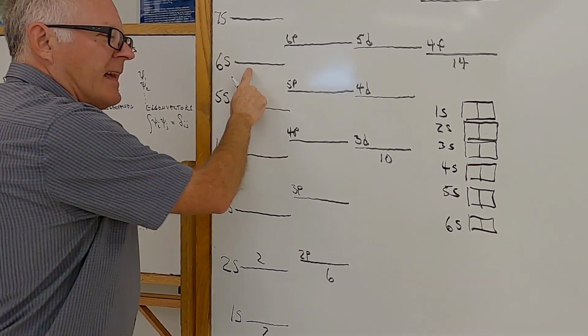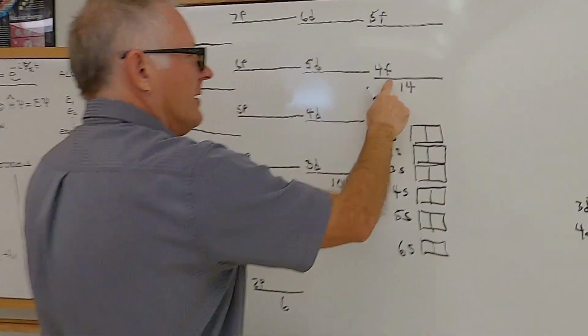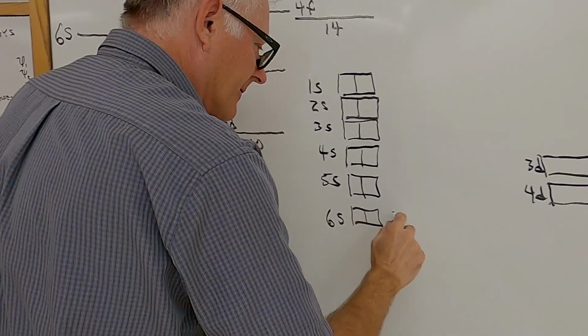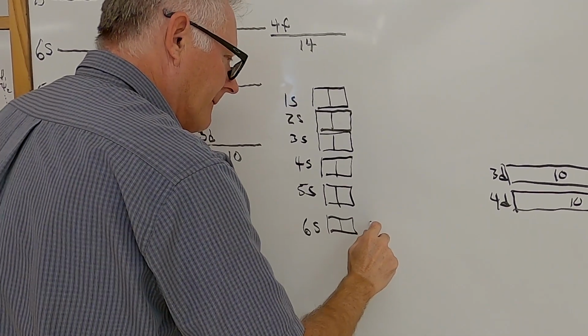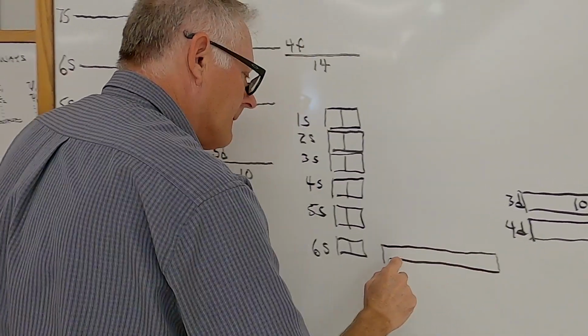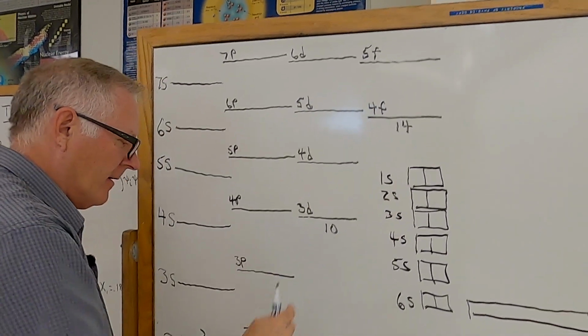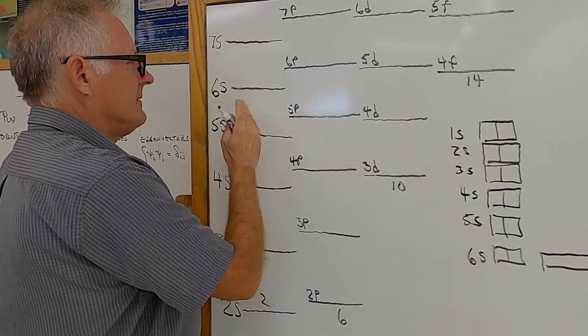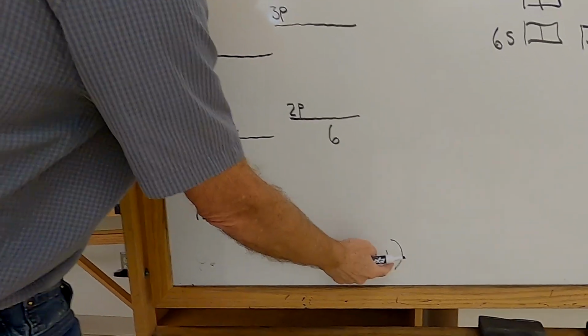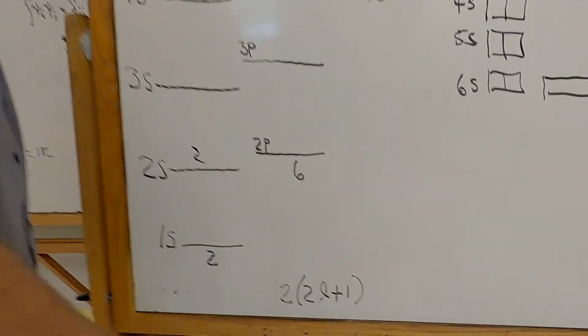But now we have 4f, which is 14 right here. Again, there's 14 because L is 0, 1, 2, 3. That's 3. 3 times 2 is 6 plus 1 is 7 times 2 is 14.